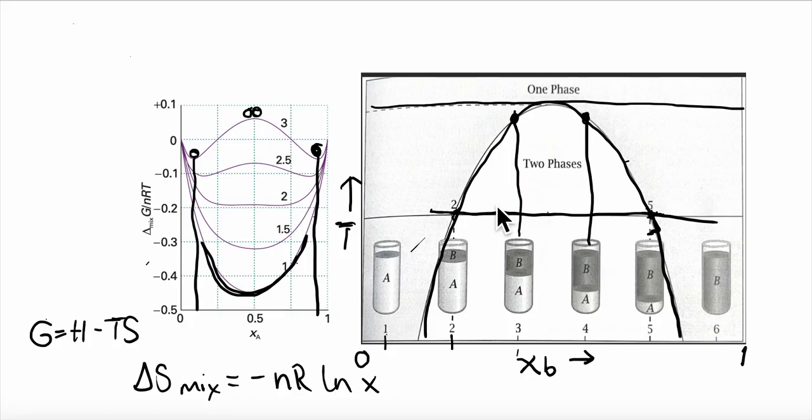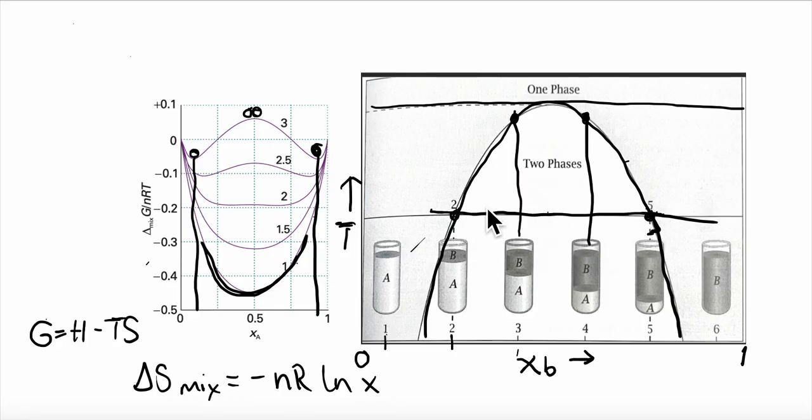You will have so many more ways to arrange the system, that the entropy of mixing is huge just by adding a little bit. So there will always be a little bit of solubility in all substances, right? And this solubility at this temperature is marked here and here.